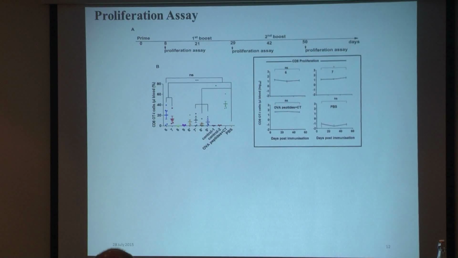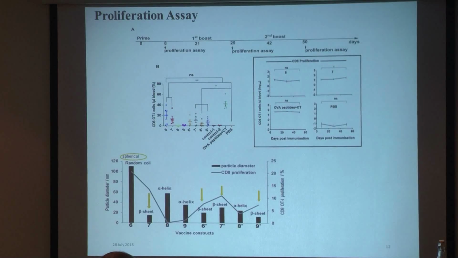When we look at the kinetics of proliferation of these T cells, we saw that construct 6 after the second boost doesn't change the level of the proliferation, but construct 7 significantly increased the proliferation of the T cells to a level with no difference from the positive control.